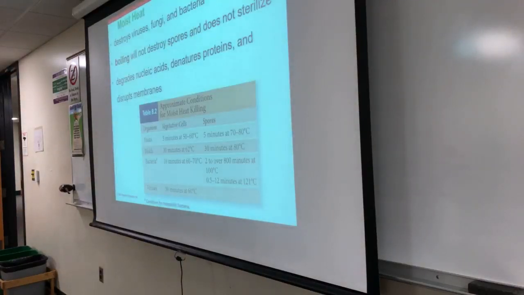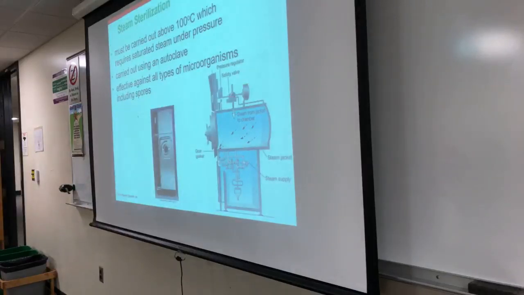And then we have moist heat. Moist heat, we have boiling. Does that sterilize? No. But autoclaving does, right? Autoclaving sterilizes. Why? Because you're increasing the pressure, like a pressure cooker, so you can increase the temperature. When you boil water, it never really gets past 100 degrees C, right? You know why?